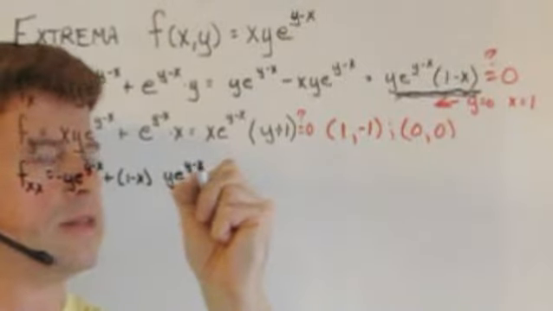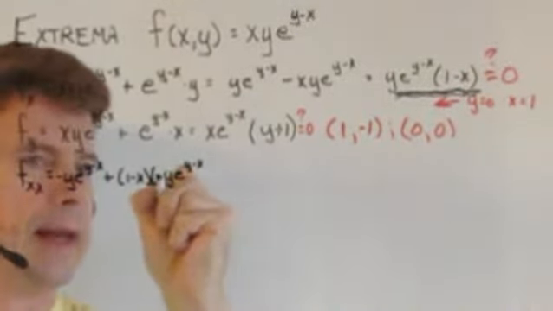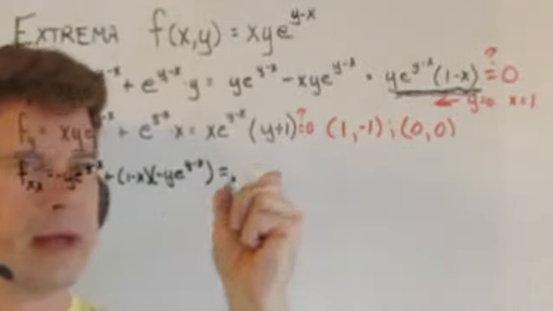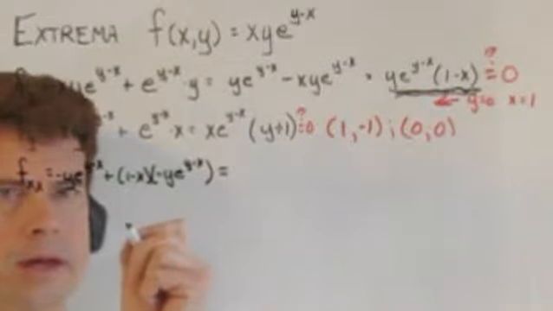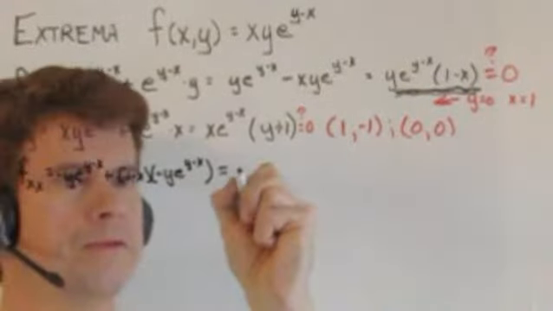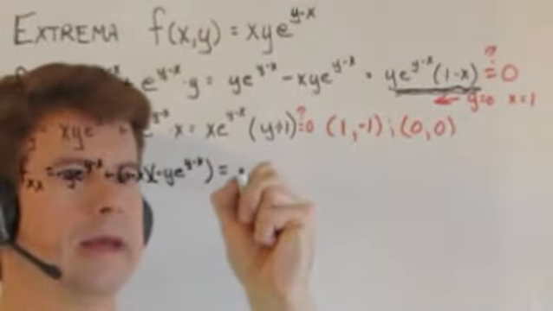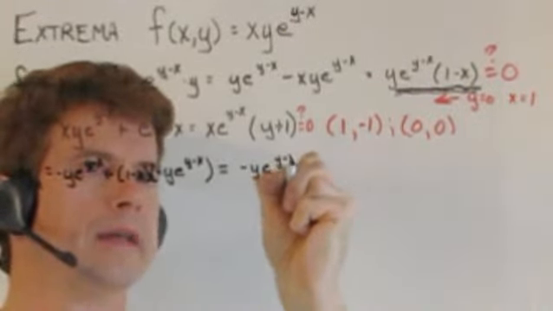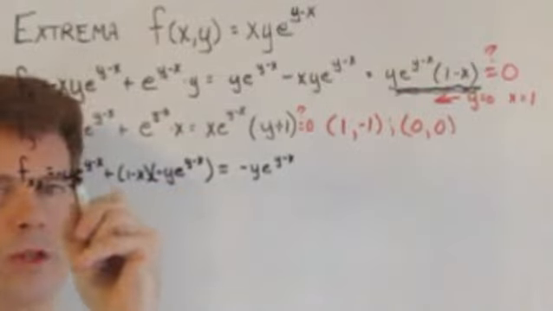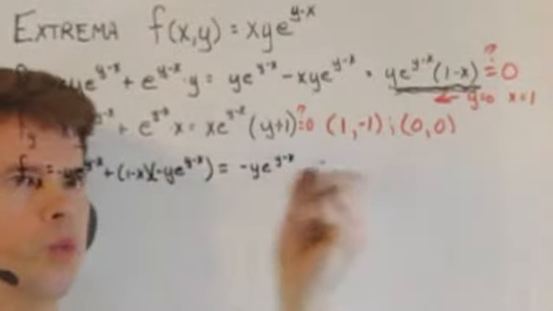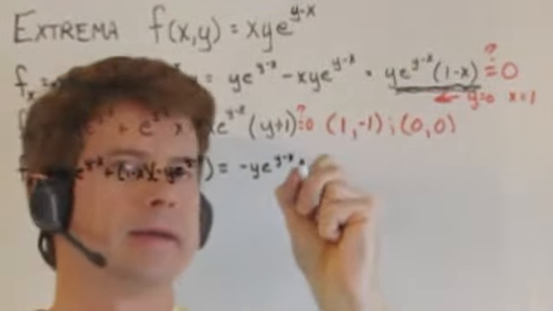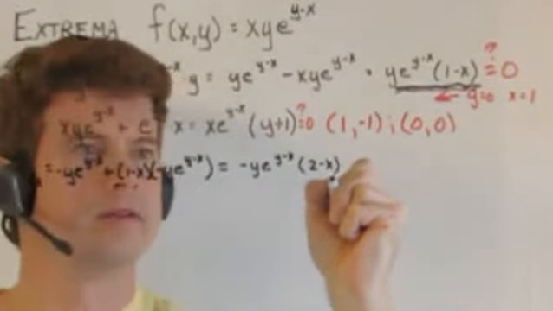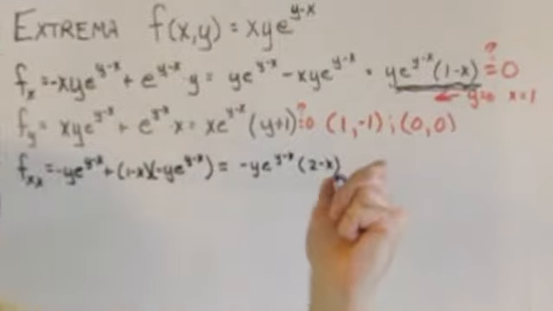And then since that's a negative x, we have a negative that comes out front here. Let's go ahead and simplify this out. Well, we can remove negative y e to the y minus x from both of them, which would then give us 1 plus 1 minus x. It's going to be then 2 minus x. Okay, so that gives us our f xx.